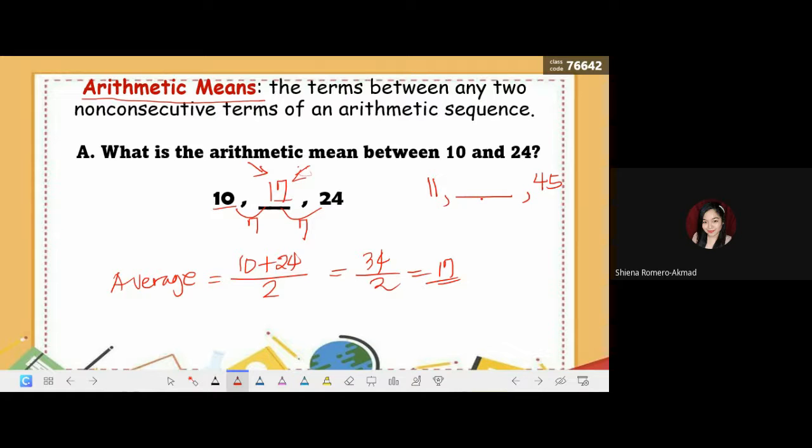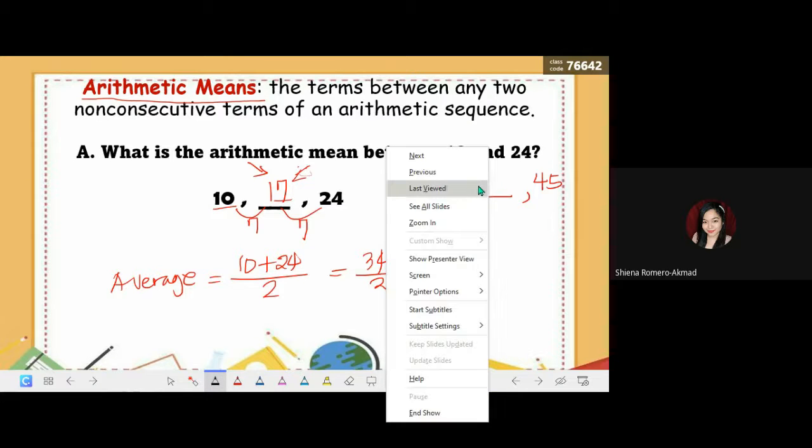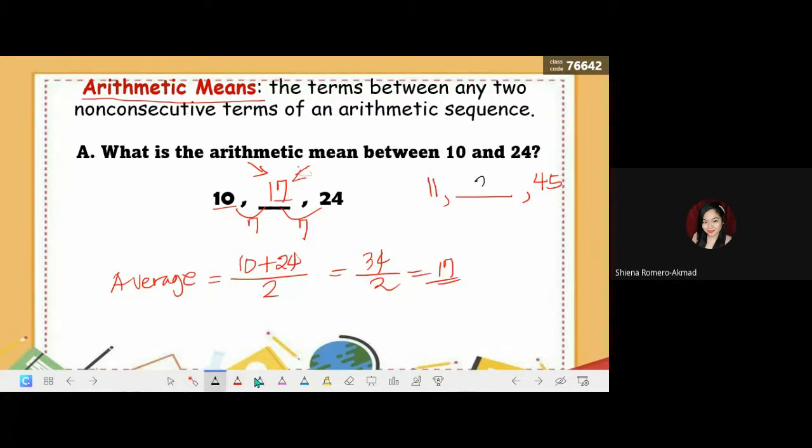Pag inadd natin yan, 11 plus 45 is 56 divided by 2. Tama si Mendoza, 28. So, 56, then we'll have 28. Kung mapapansin nyo, yung difference ng 11 and 28 is 17. At ang difference ng 28 and 45 is also 17. So, siya yung middle term.